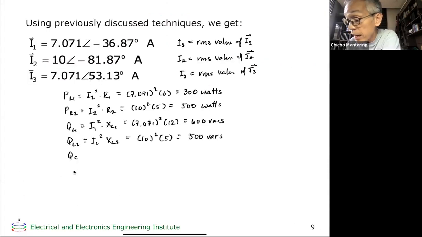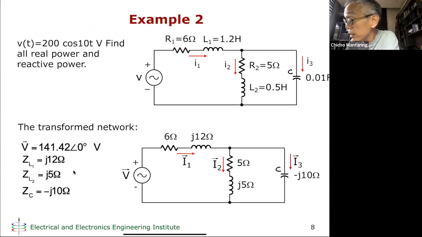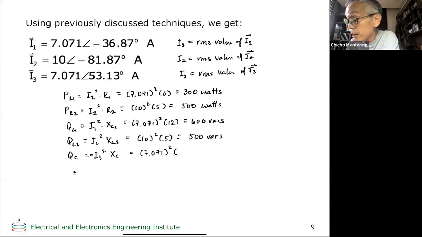So this is I3 squared times XC. Now you have to make this negative because C is a capacitor. The reactive power delivered to a capacitor is always negative, so it's important to put this negative sign there. So this is going to be 7.071 squared times 10. And that will give you minus 500 VARs.